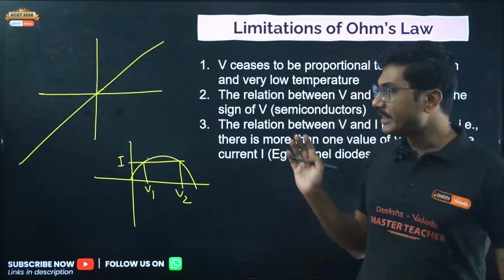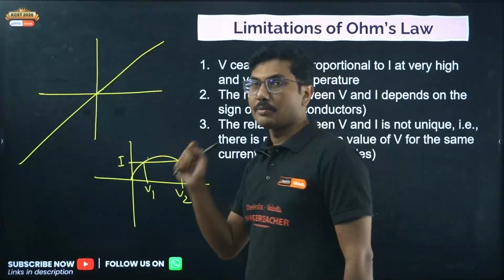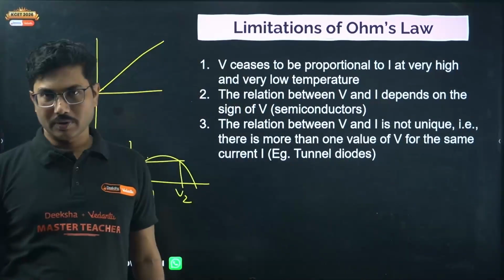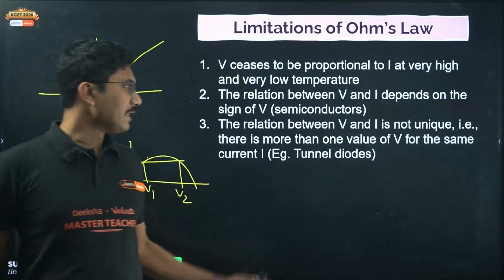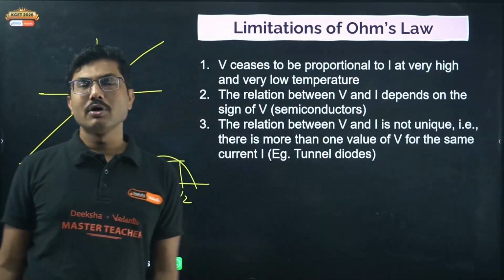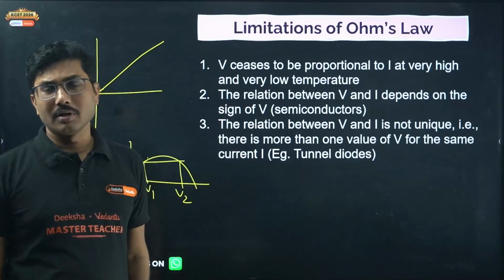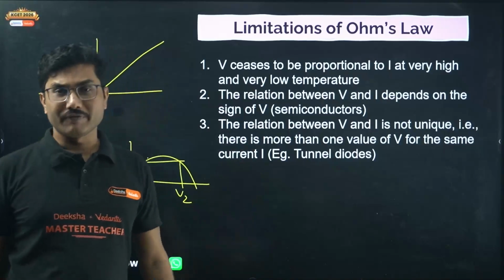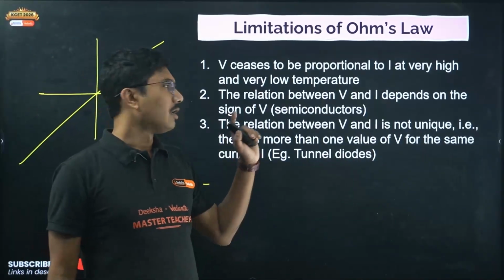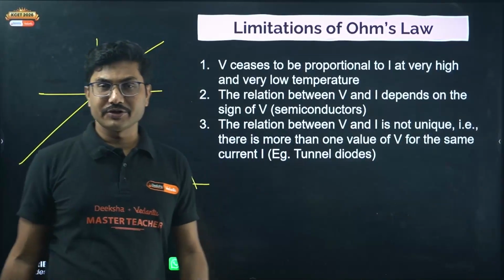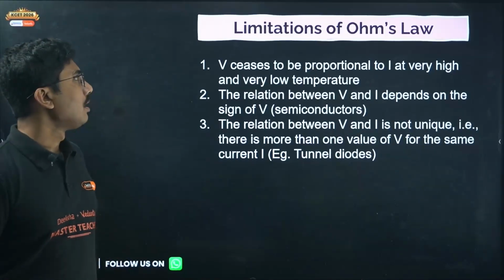Ohm's law says for each value of V, you are supposed to get a unique I. That uniqueness is no longer valid. An example is a tunnel diode, gallium. There is one more semiconductor where this is not valid. So these are the cases where you don't get a unique relationship between V and I.